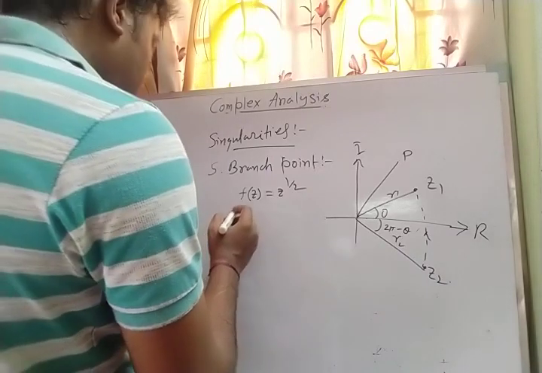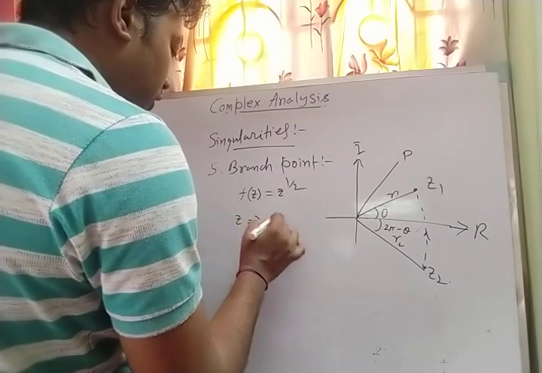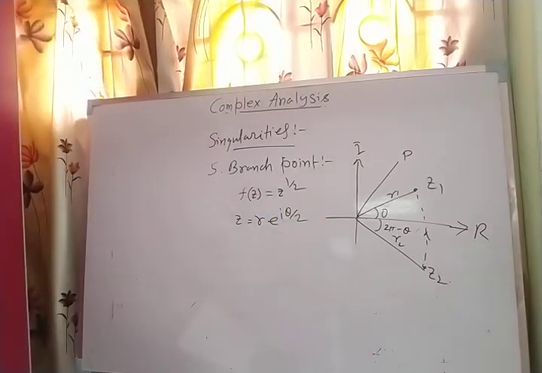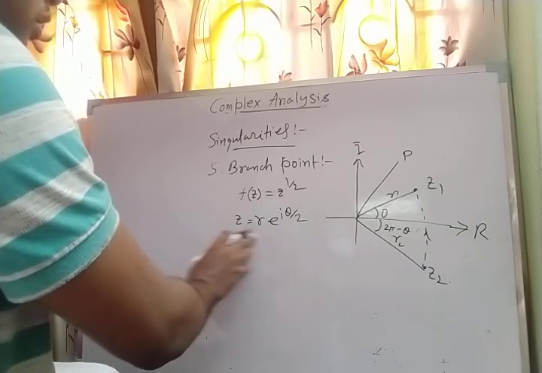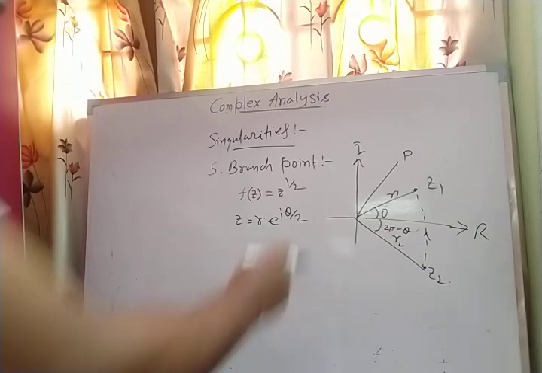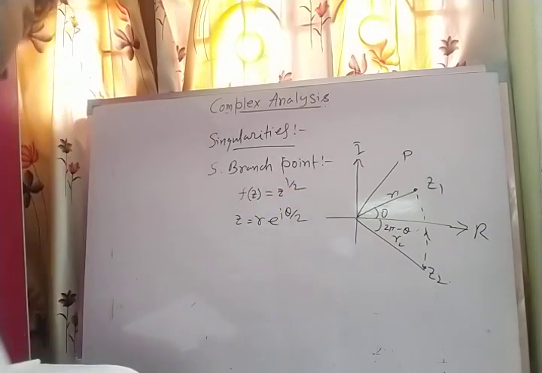Now we can write z equals r e to the power i theta by 2. In the first class of complex analysis, we talked about taking the complex function like this, r e to the power i theta. So it is given as half, so it is i theta by 2.